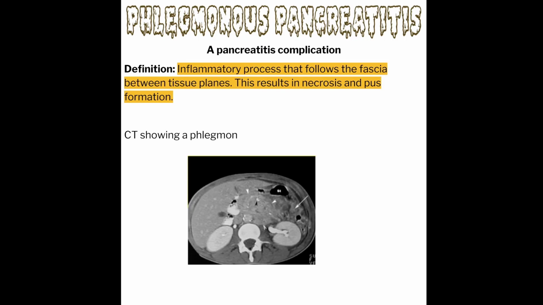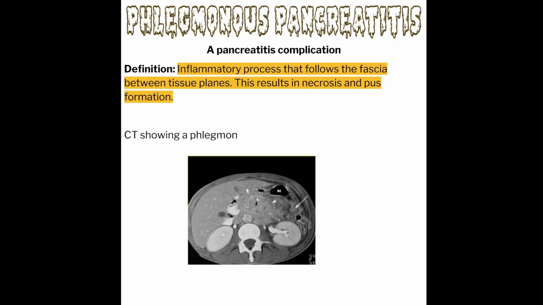And what ends up happening is we get this odd, indistinct, something's-wrong-but-you-can't-measure-it kind of looking appearance to the area that's infected. Typically, you'll hear the term fat stranding on CTs. It just means that the fat is very bright and kind of stringy looking.